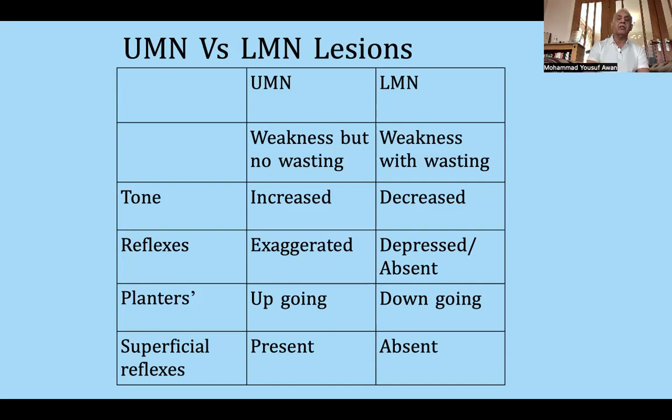We have already discussed the localization in the different parts of the brain and the motor cortex. But upper motor neuron signs mean lesion from the precentral gyrus to the anterior horn cell, anywhere from this area. And lower motor neuron lesion means from anterior horn cells to the muscles. And these are the signs which will differentiate between upper motor neuron and lower motor neuron lesions.